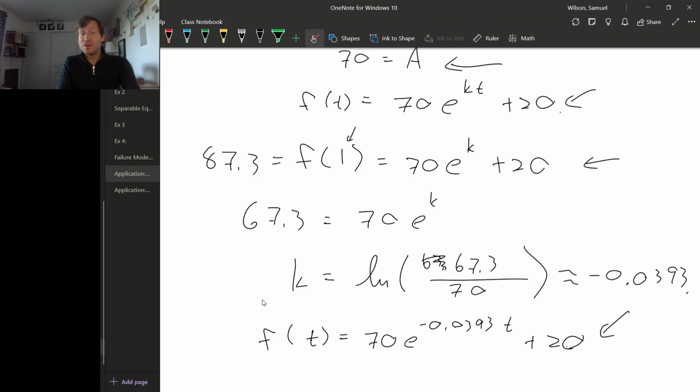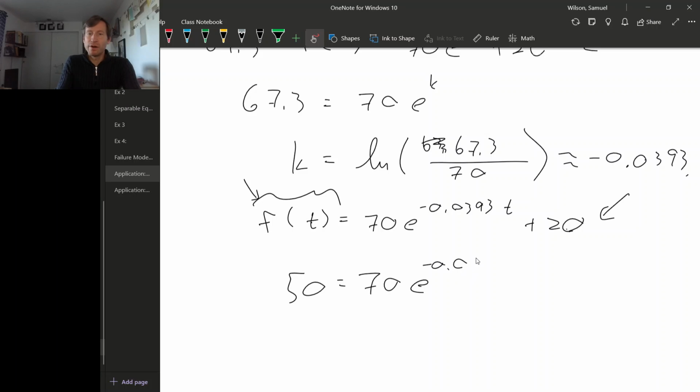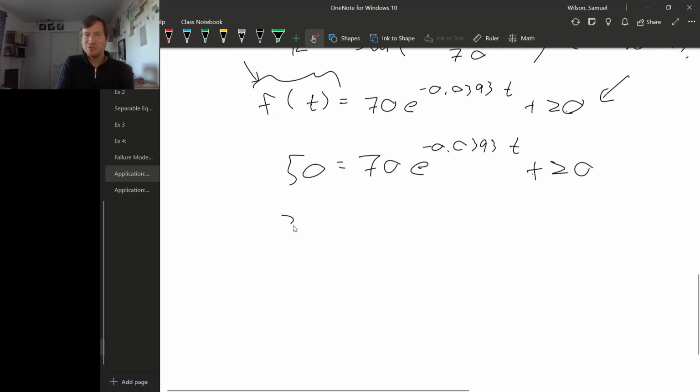Now we have a function that describes the temperature of our hot water at any time. We wanted to know when the temperature got to 50, so we replace the temperature here with 50 and solve for t. Hopefully this is a familiar process. Subtract 20 from both sides, divide both sides by 70.